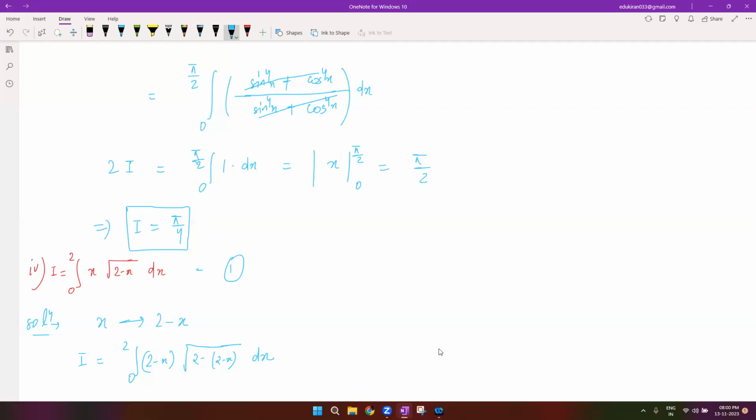But before this, the very first approach is: can we integrate? If we are able to integrate the given function directly, then we won't even think about properties. If we are able to integrate the question using indefinite integration, then we won't go to the properties.